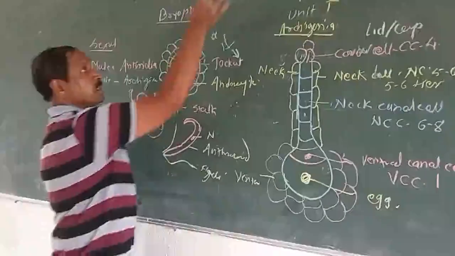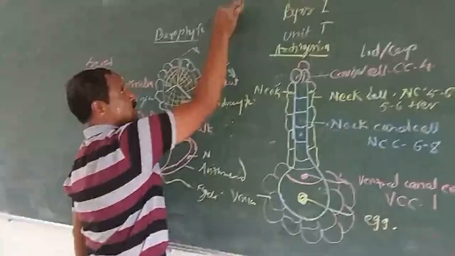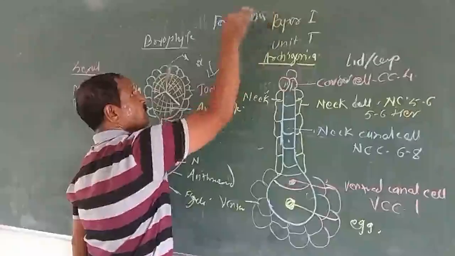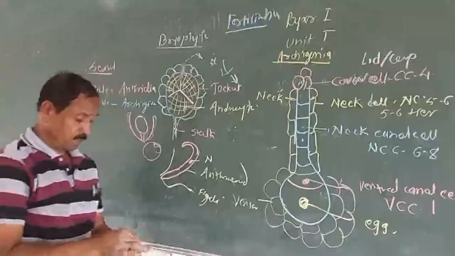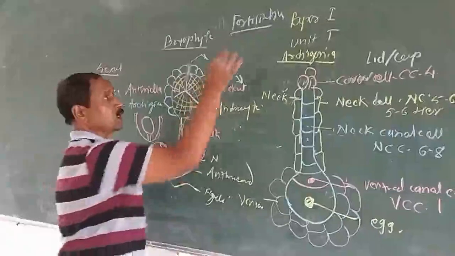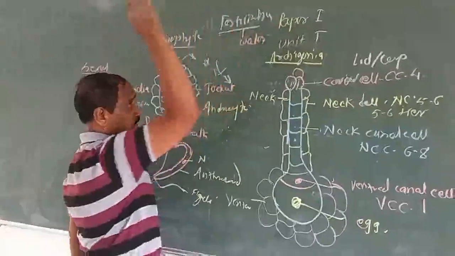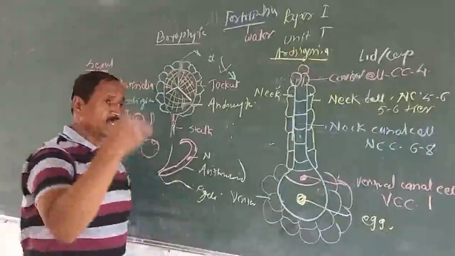Next part, that is fertilization. In fertilization, a drop of water is required. In the rainy season, there are water drops on the thallus.